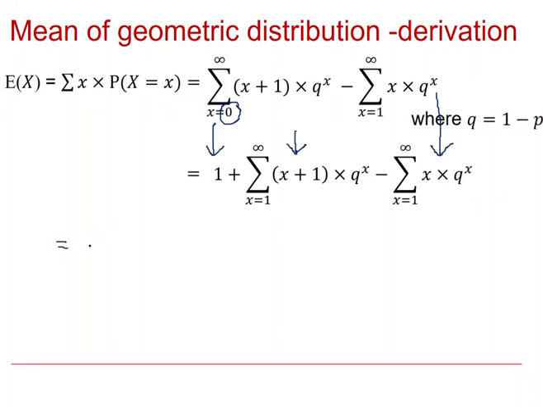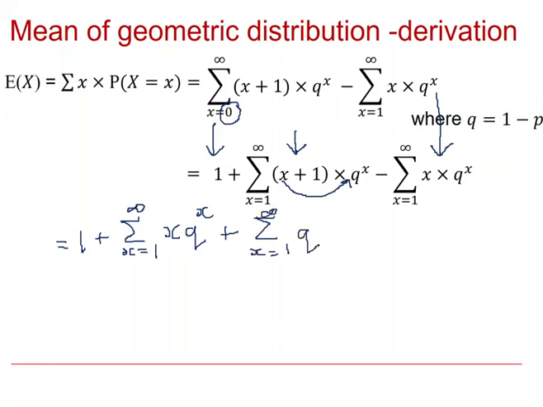And if we look at the second summation there, I will put the annotations in this time, we can write that as the sum of x multiplied by q to the x, which is looking at that product, plus the sum from x is 1 to infinity of q to the x, which is looking at that product, and then we still have to subtract the summation from x is 1 to infinity of x q to the x.